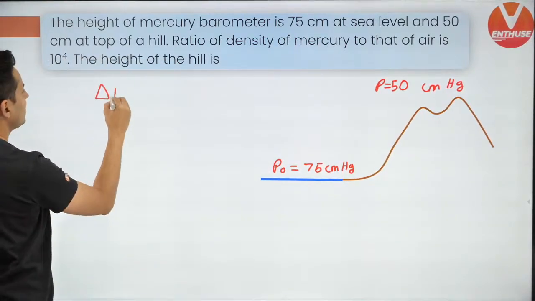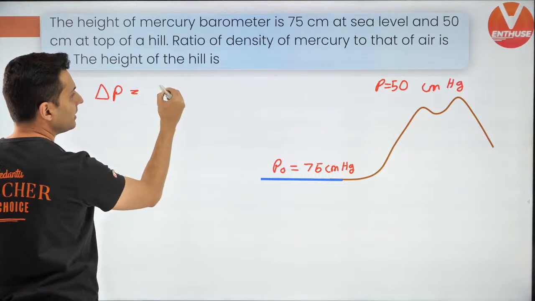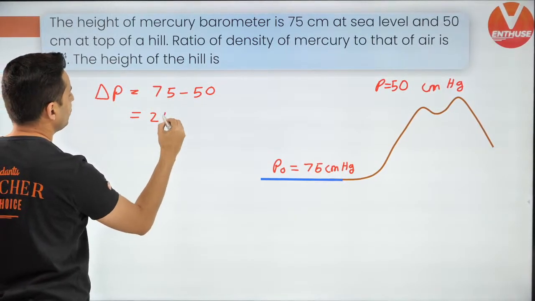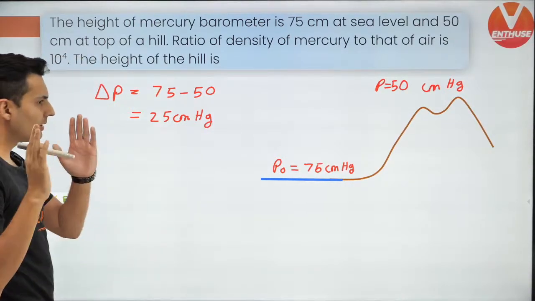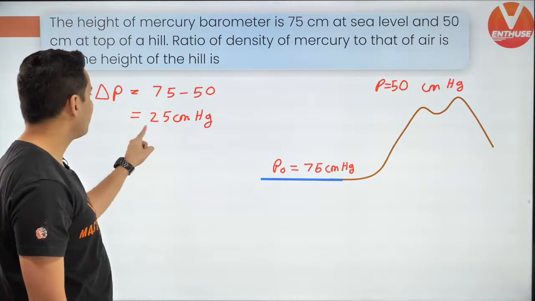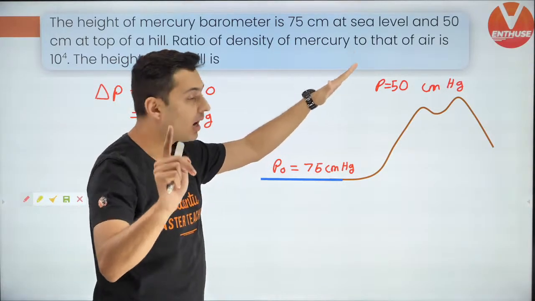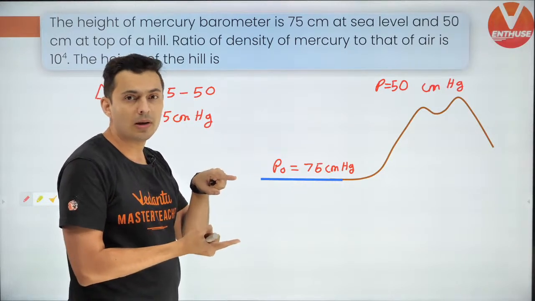Hence, that change in pressure is basically 75 minus 50, which is nothing but 25 centimeters of Hg. Now think about it. This is telling me the pressure difference is as much as 25 centimeters of mercury column.